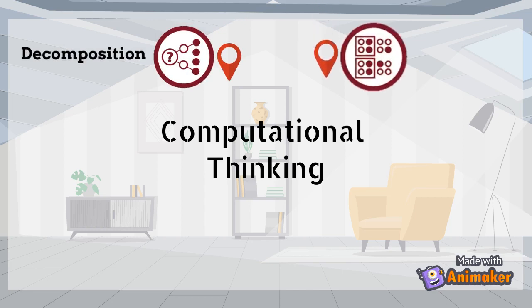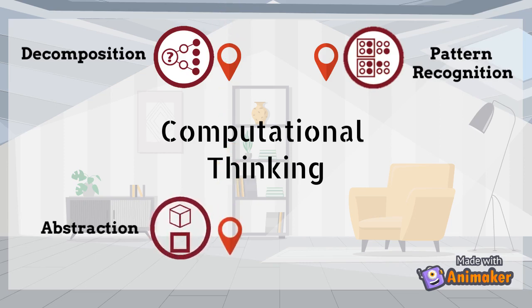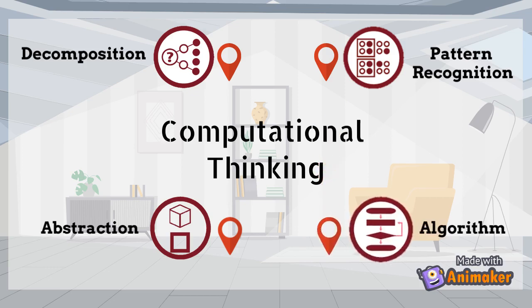Pattern recognition, that is finding similarities between the present problem and earlier experiences. Abstraction, that is focusing only on important tasks and ignoring the rest. And finally algorithm, which is the steps to follow to solve the problems. Remember, algorithms are expressed in the form of flowcharts or pseudocodes.